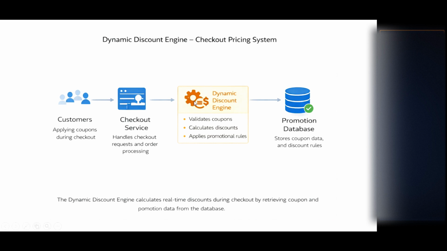This service is going to validate the coupon, and if the coupon is valid, it is going to calculate the discount, and it applies the promotional rules also. In order to validate the coupon, calculate the discount, and apply the promotional rules, every time it needs to interact with the promotion database.